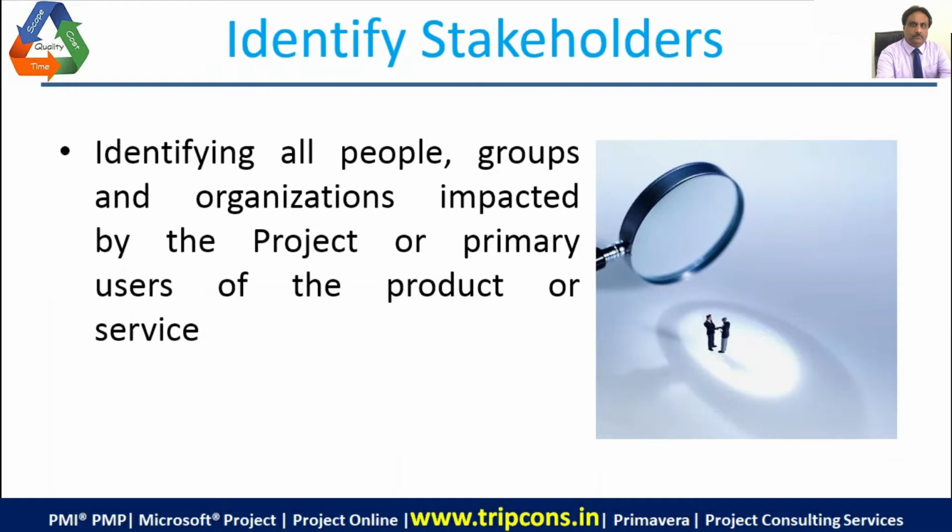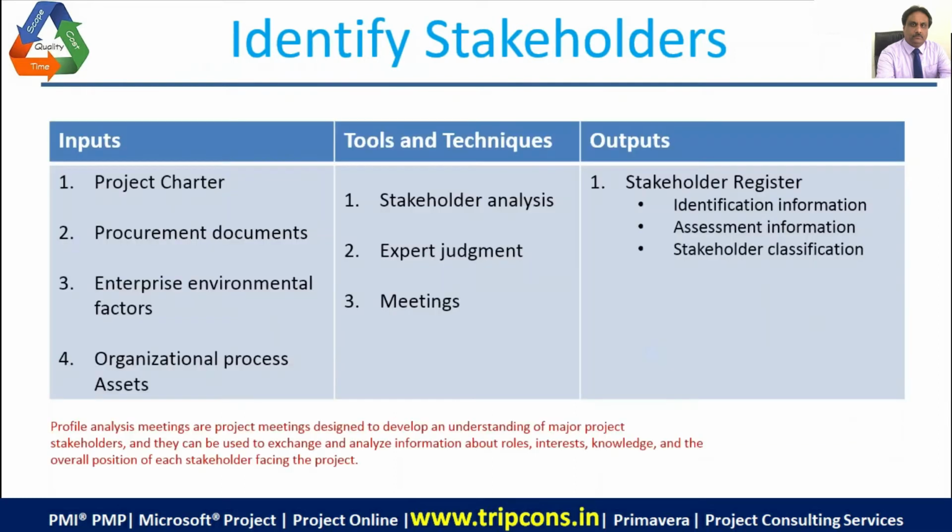Identify stakeholders is the first process that you do immediately after getting a charter. You have to identify all people, groups, and organizations who are impacted by the project or are primary users of the product or service. These are the inputs, the starting point.